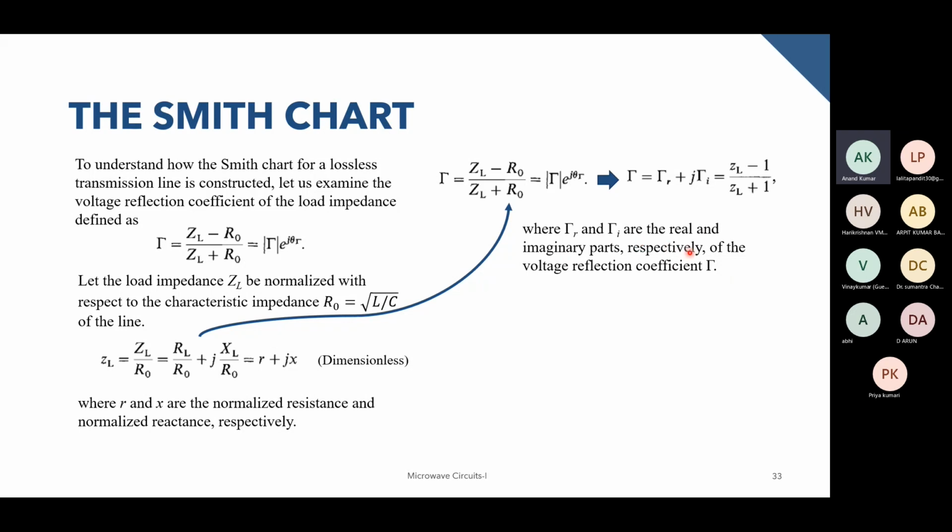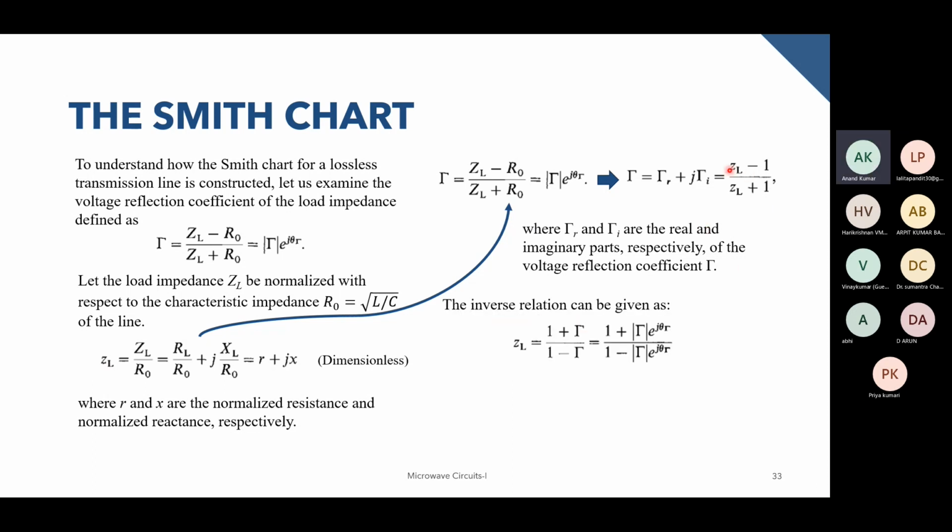Up till now, we started with the reflection coefficient and wrote it in the polar form. We had this expression over here. We normalized the load impedance, substituted it back into this expression, and this is what we have got till now.